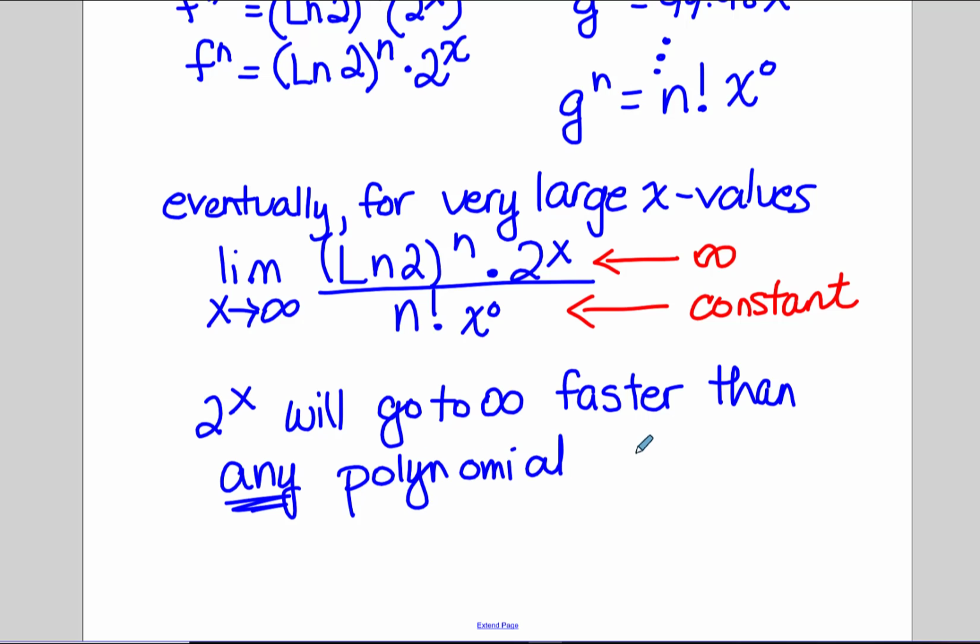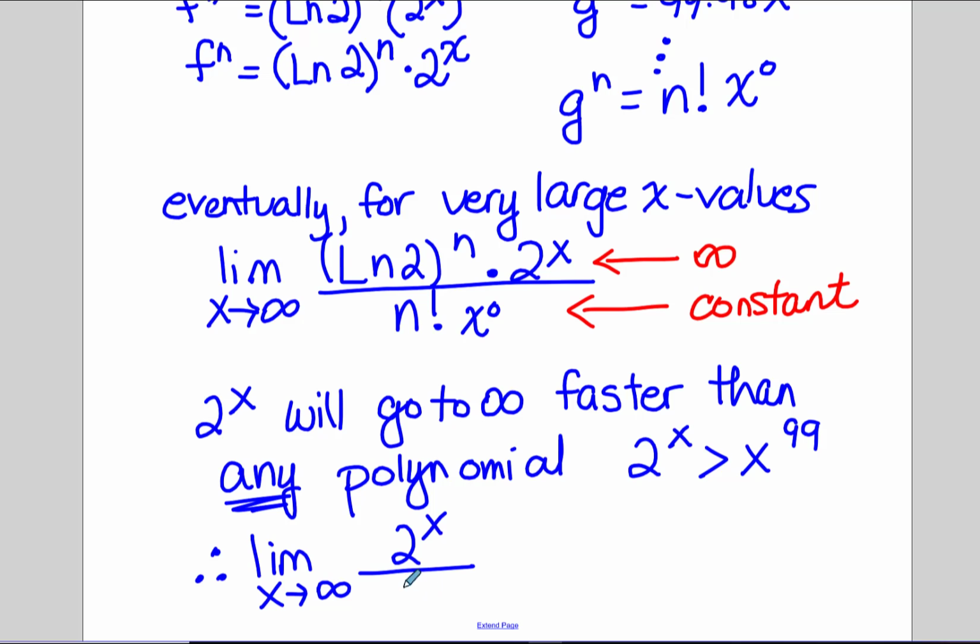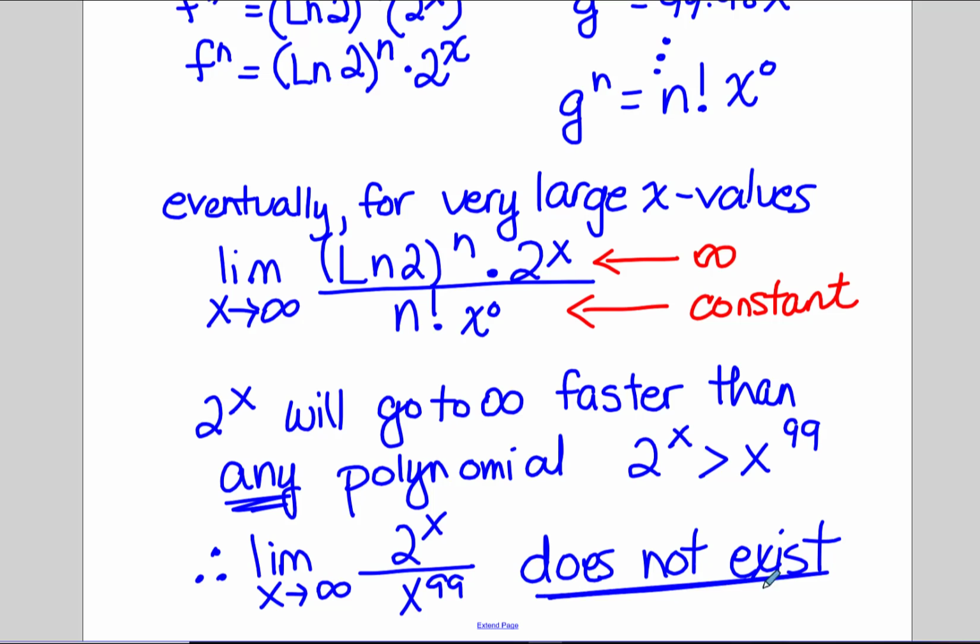We could also say it this way by the hierarchy: 2 to the x is greater than x to the 99th power for very large values of x. So to finish it up, we could say the limit as x goes to infinity of 2 to the x over x to the 99th power does not exist. And that's the end of Unit 4.